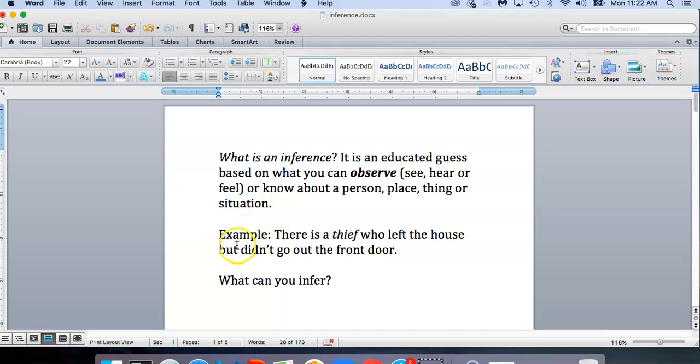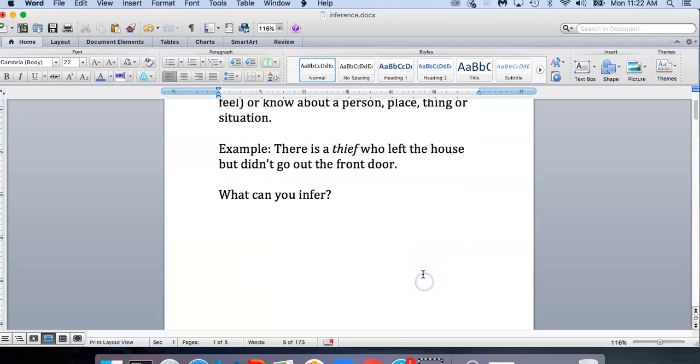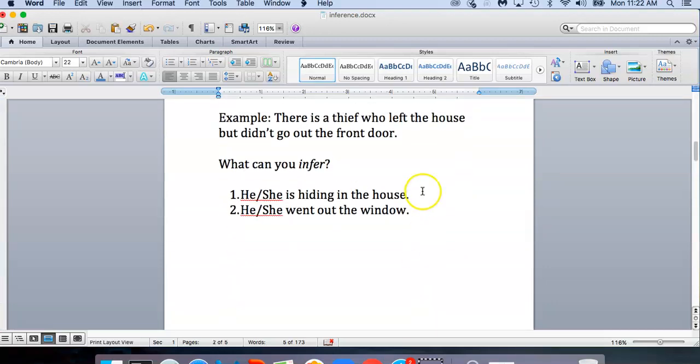Okay, so let's look at the first example. There's a thief who left the house but didn't go out the front door. What can you infer? So you would ask yourself, what do we know about thieves when they try to escape after stealing something? We can say that the thief is hiding in the house, that person didn't leave, or the thief has left by going out the window.